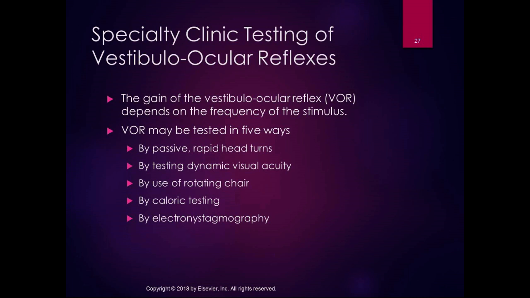There are specialty clinic tests for vestibular ocular reflexes. You can test it either by rapid passive head turns, so you're actually holding the person's head and turning it back and forth. You can test dynamic visual acuity, so you have a vision testing chart and they're moving their head and you're asking them to read off things from the chart. There is an apparatus that uses a rotating chair.